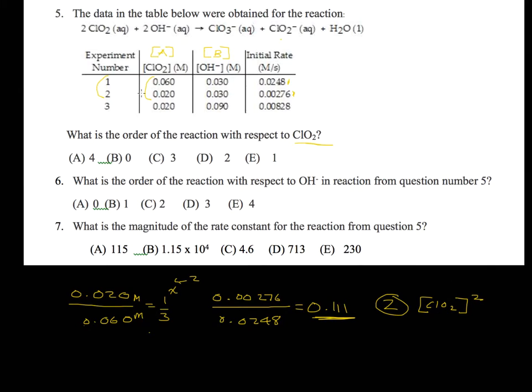Now, similarly, for question 6, it's asking about the OH minus order in this reaction. Here we're going to look at experiments 2 and 3, because these are the ones that have a change in molarity of OH minus.